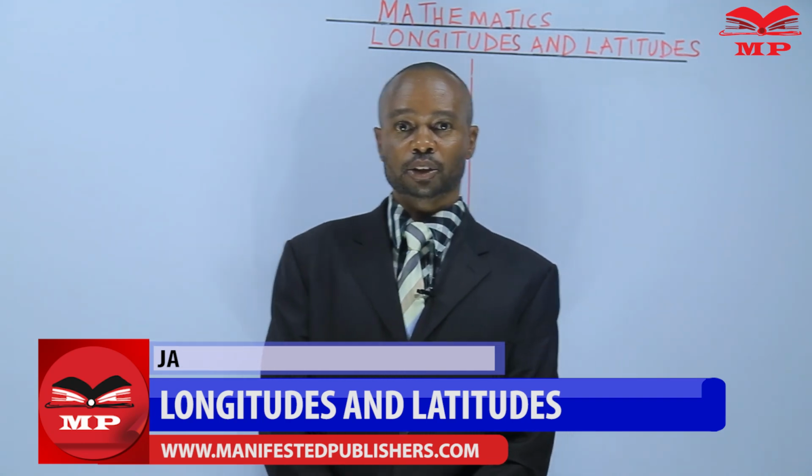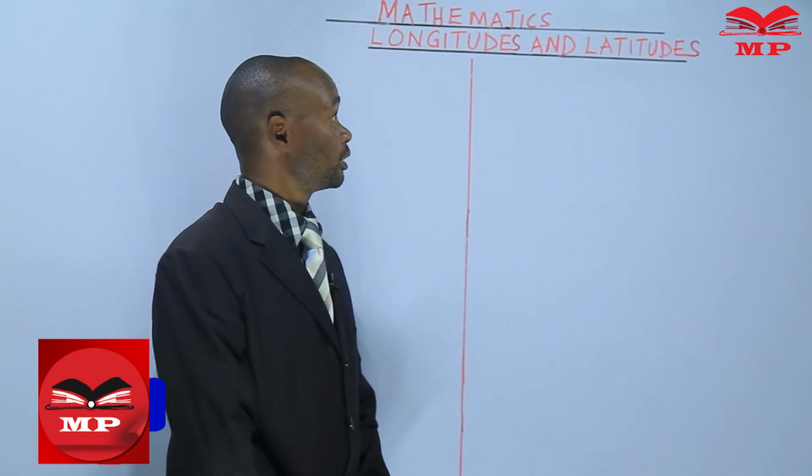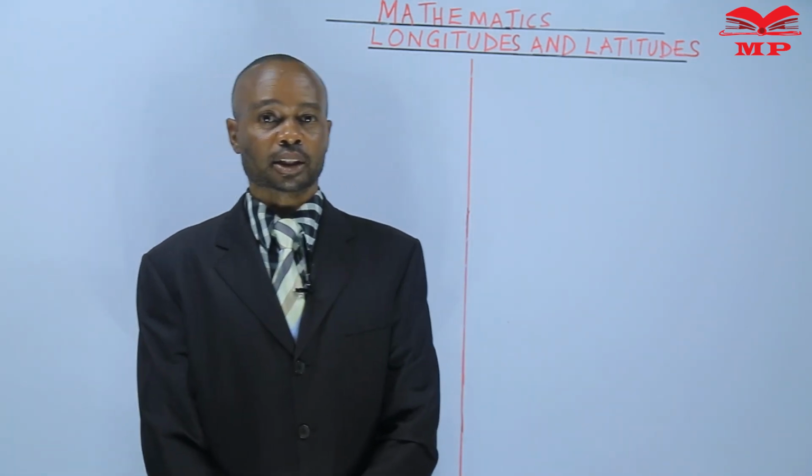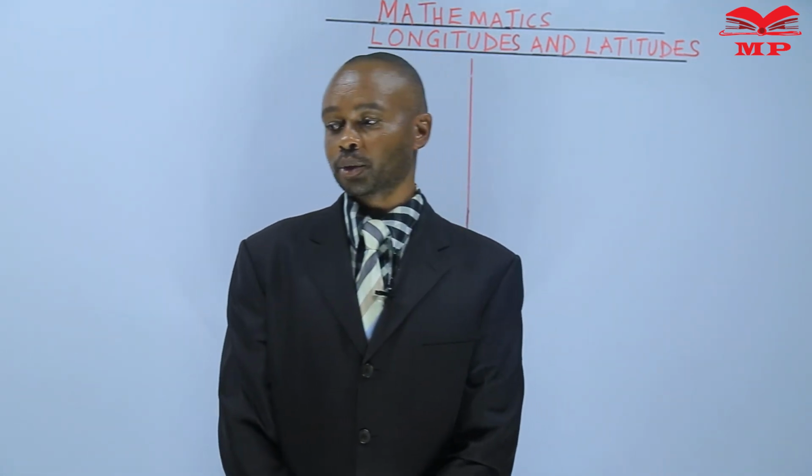We are yet again going to proceed with our longitudes and latitudes, and today we are still looking at further solutions with the objective of enhancing more skills in the learner.